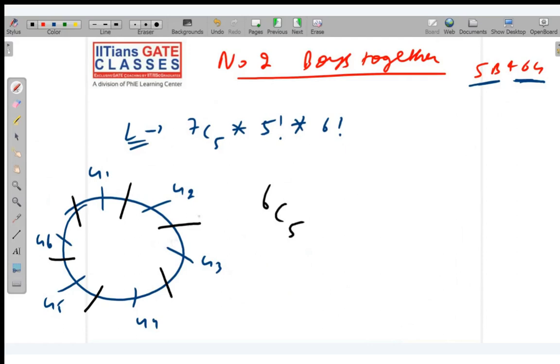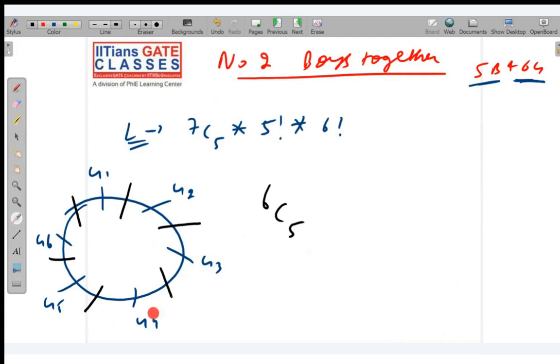Okay, so now can anybody tell me how I should do it? Please tell me how we should do it. Since 6 girls are there, now you have to think. The basic thing is, you will apply circular arrangement on the girls, because first you have arranged the girls.